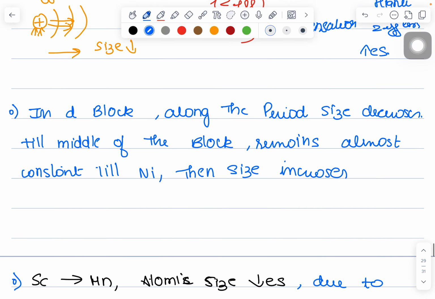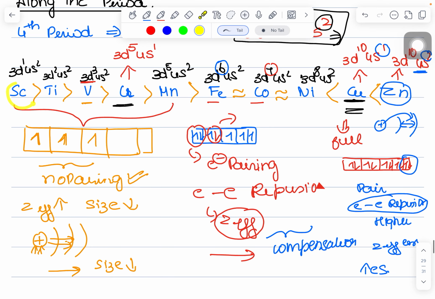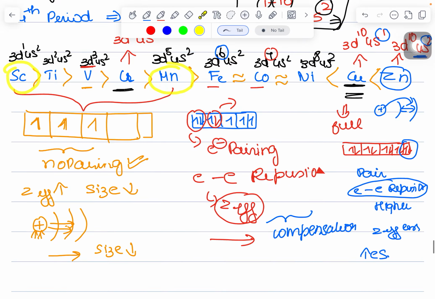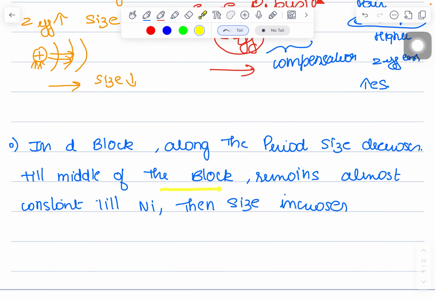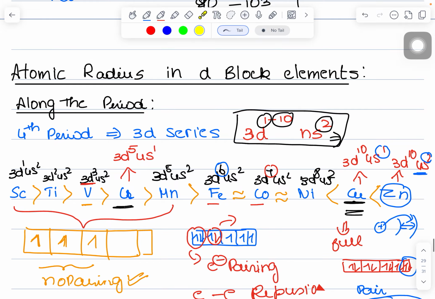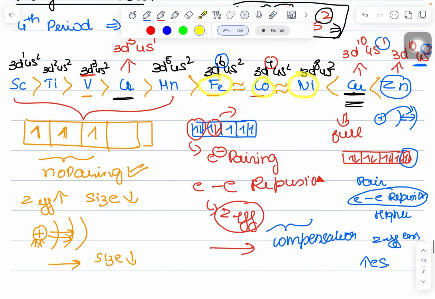So here is the summary. In the d block, along the period size decreases. This we know. Till the middle, that is from scandium to manganese, the size decreases, due to effective nuclear charge increasing, which is more prominent than the shielding effect. The regular trend then remains almost constant till nickel. From iron, cobalt, nickel, they have constant atomic radius. Why? Electron pairing is there, due to which electron repulsion happens. Z effective also increases, but these two effects compensate each other.